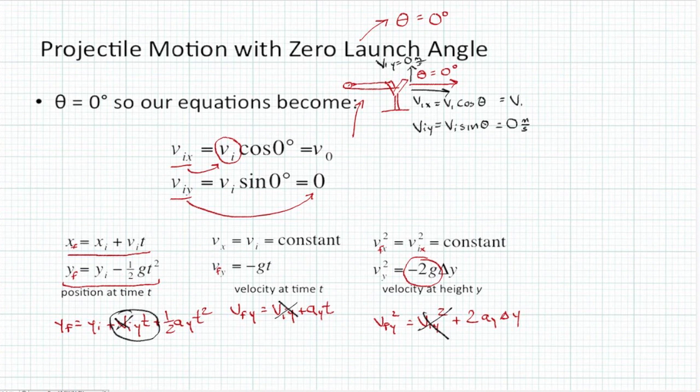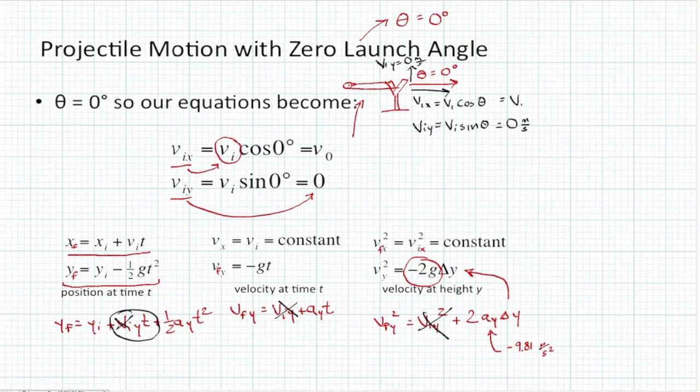What we're left with is simply what we have above right here. You can think of the acceleration as minus 2 g delta y, or plus 2 a delta y. But again, the acceleration in the y direction is negative 9.81 meters per second squared.